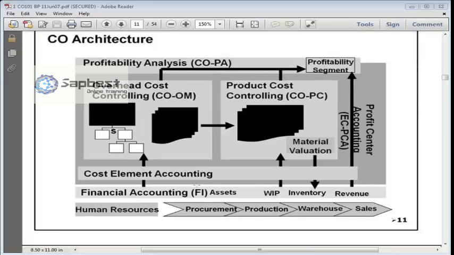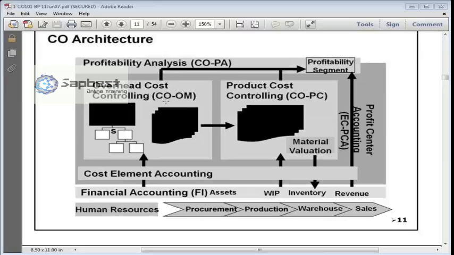The link between this and this is really your cost element accounting. We talked about primary cost element and secondary. Those are the ones that actually link this to these things. So if it is a cost, the cost better be this bucket or this bucket. Only two buckets of cost: overhead and your product costing.